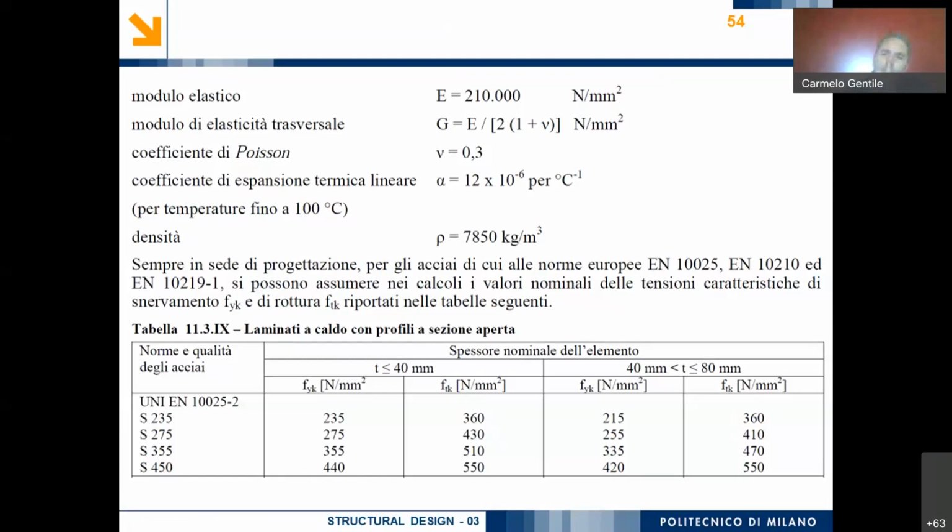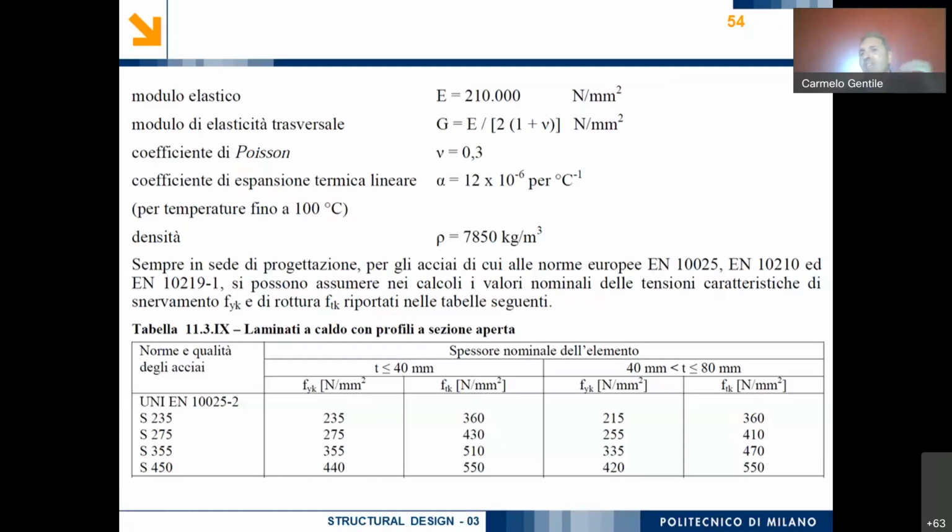We also have to remember another aspect: this kind of value of the characteristic yielding stress holds for normal thickness of steel, so thickness that is lower than or equal to 40 millimeters.